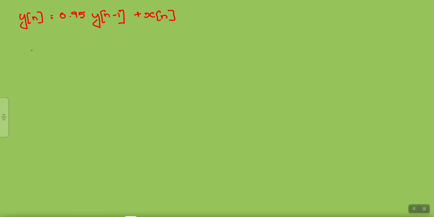So y of n can be rewritten as quantization of 0.95 into y of n minus 1 plus x of n.